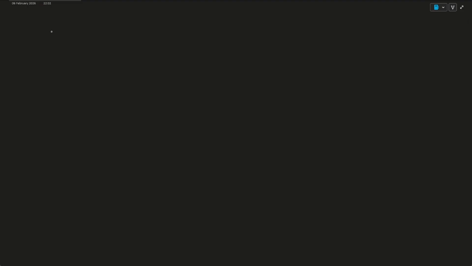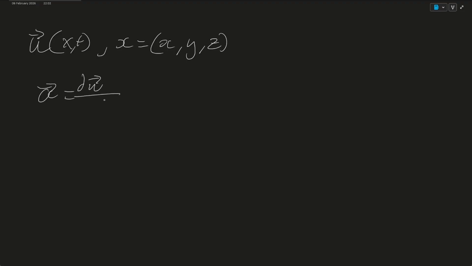So what we can start off with is a particle in our field u, which is a function of x, t, where x is some position vector or some coordinates x, y, z, and this is our velocity field, and the acceleration here is going to be a. So a is of course just the derivative of that, but this is a field.